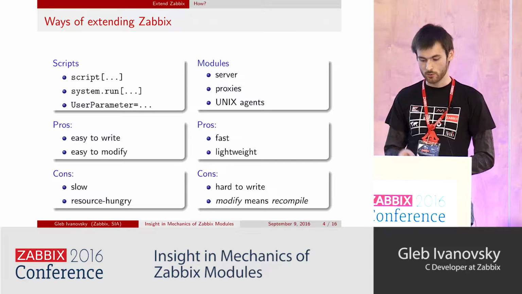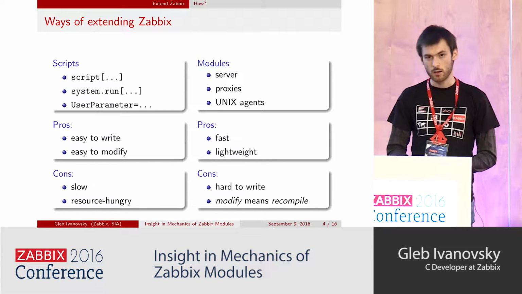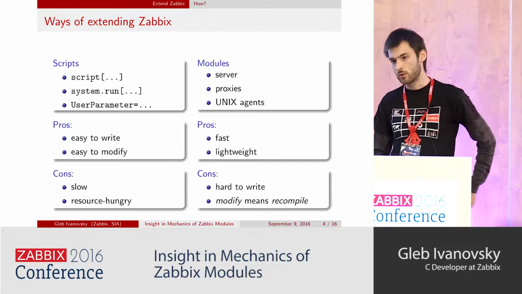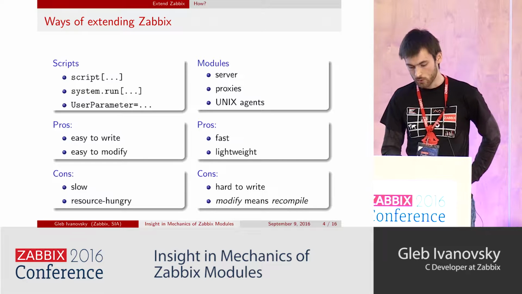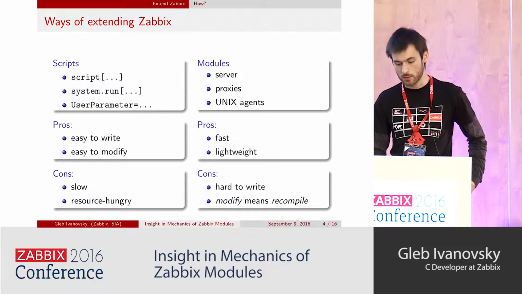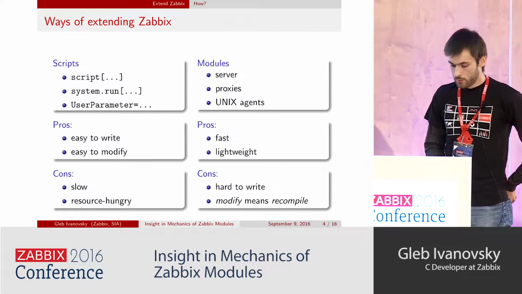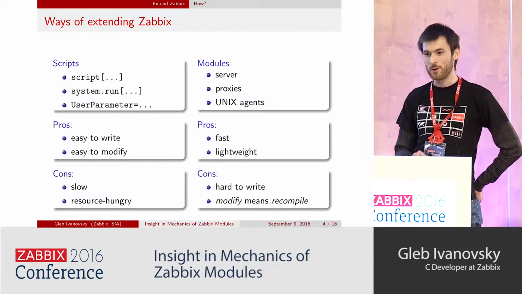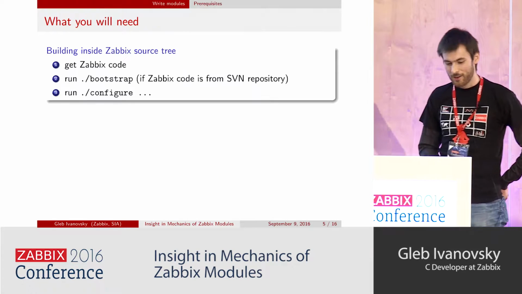Just function calls. Modules are basically shared libraries, but they are notoriously hard to write, and every modification you make to your Zabbix module code makes you recompile the module and restart Zabbix server. You don't need to recompile Zabbix server every time.